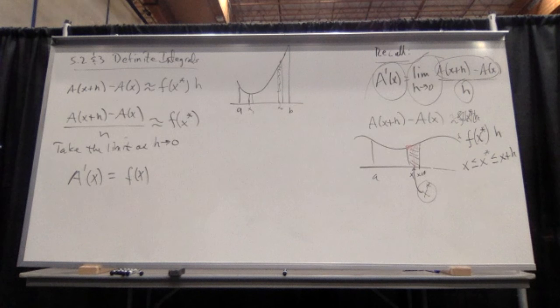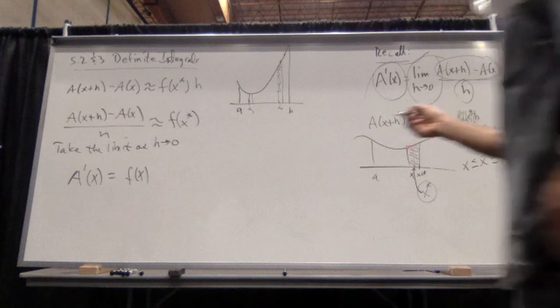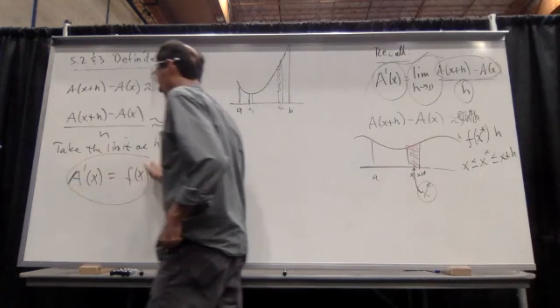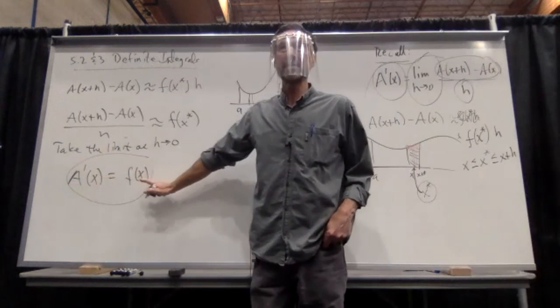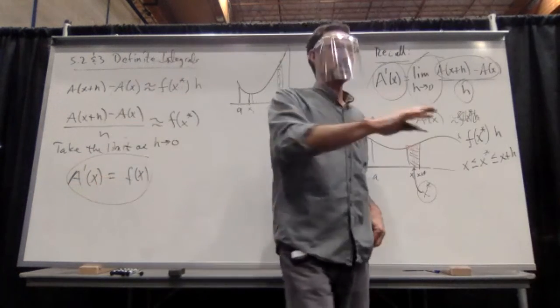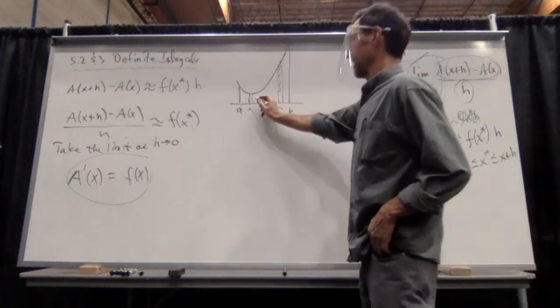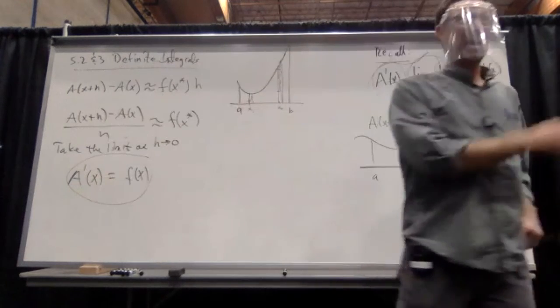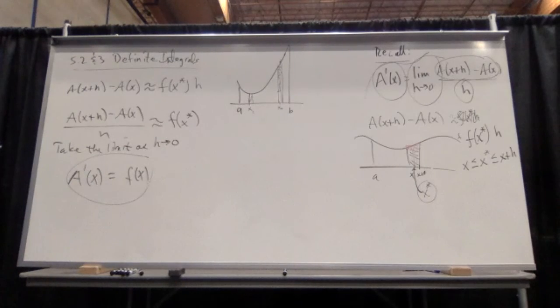If it's a little tiny thing, we get hardly any area. If it's a great big thing, we get a bunch of area if we increase x a little bit. That's all it says. The rate of change of the area depends on the value of the function we're using to generate the area, a little bit or a lot. I could have made this argument at the beginning and we would think, well, it's proportional.